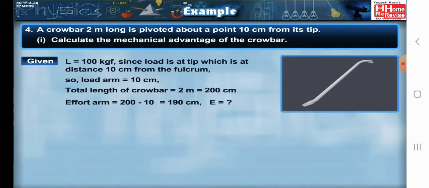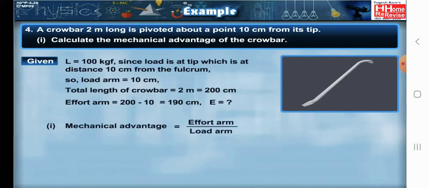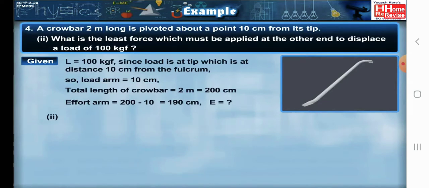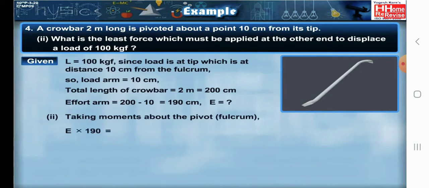What is E, the effort? First, mechanical advantage is equal to effort arm upon load arm, which equals 190 upon 10, which further equals 19. Second, taking moments about the pivot, fulcrum, E into 190 is equal to 100 into 10.